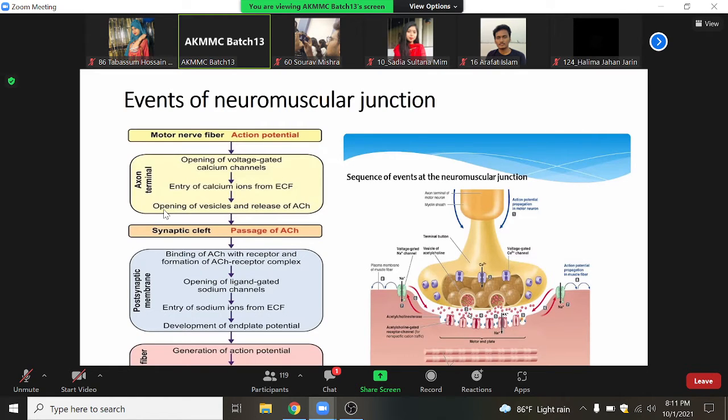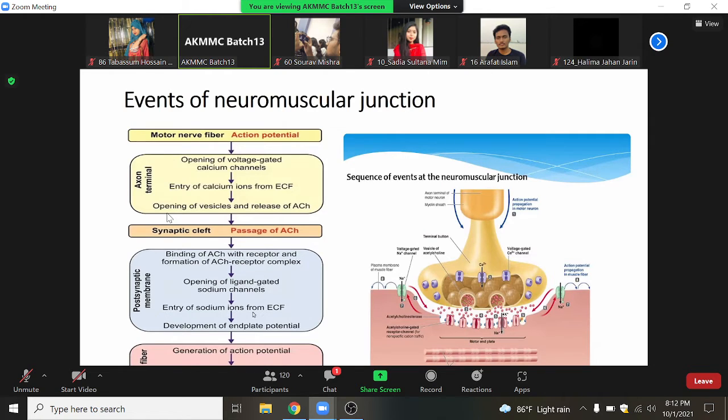Then this acetylcholine receptor complex acts on the postsynaptic membrane, that means on the muscle, and in this muscle there are some ligand gated sodium channels which open, and it causes entry of sodium from the extracellular fluid, which causes development of end plate potential, that is depolarization. Okay, depolarization. What is depolarization? You all know now that depolarization is when the action potential begins, and here the sodium enters into the cell.